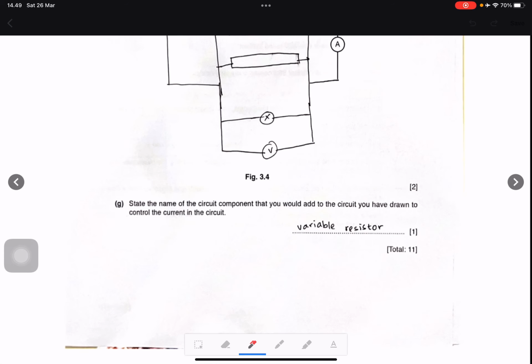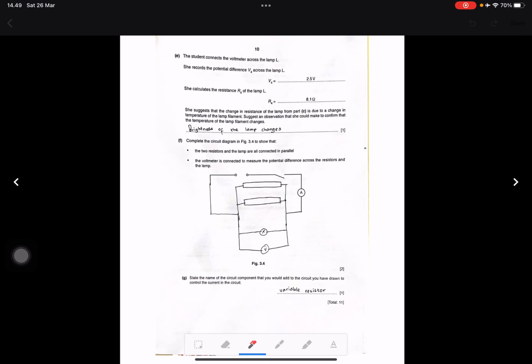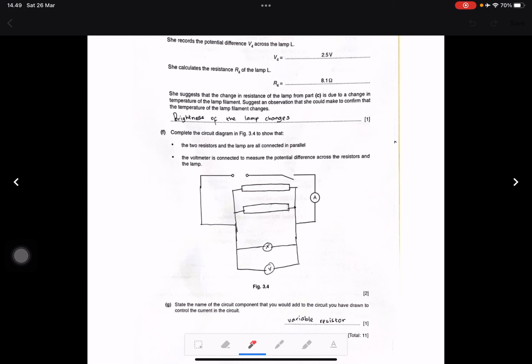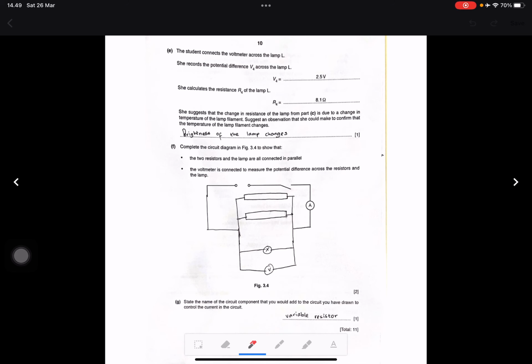Then next question, next page, is on part E. The student connects the voltmeter across the lamp L. She records the potential difference V3 across the lamp L. V4 is 2.5 volt. She calculates the resistance R4 of the lamp is 8.1 ohms.